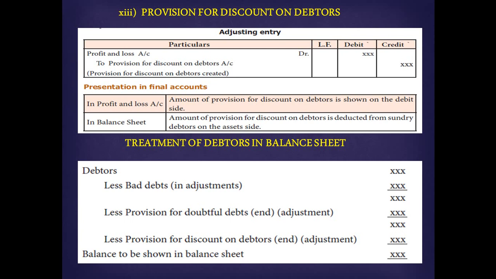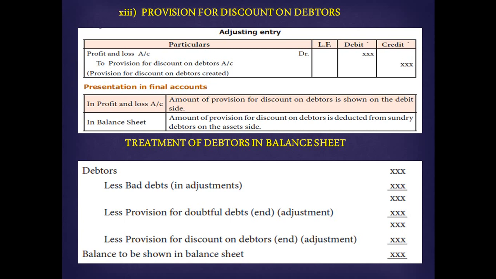Next, here we have provision for discount on debtors. The provision for discount on debtors is calculated at a certain percentage on good debtors and no discount is allowed on doubtful debtors. This is to provide a certain amount for allowing discount to customers for prompt payment.